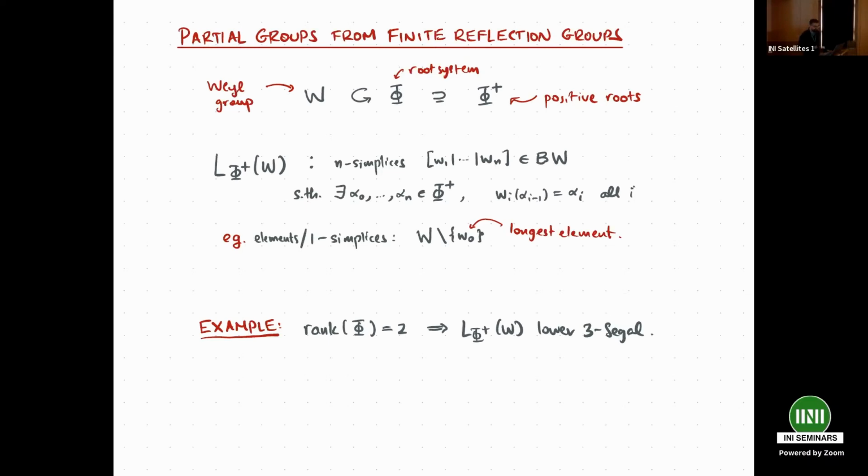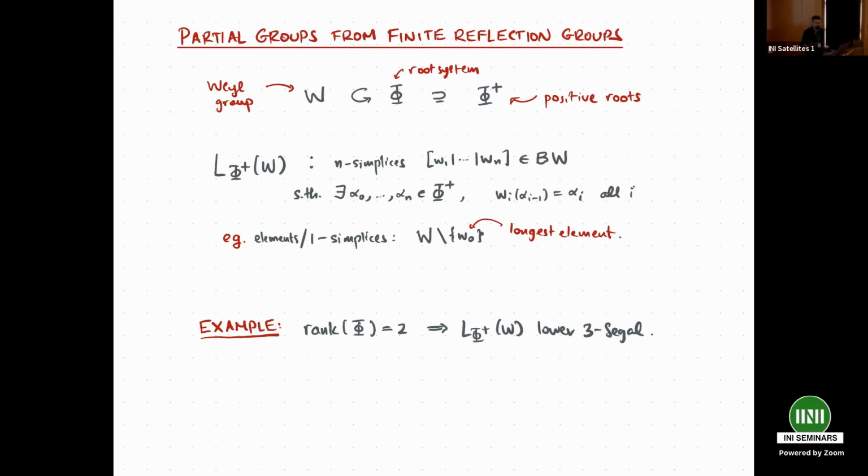So that's the partial group. What's the set of one-simplices? The only elements of a finite Coxeter group that don't take a positive root to some positive root to another one is the longest element. And so the one-simplices are just you pluck out the longest element.